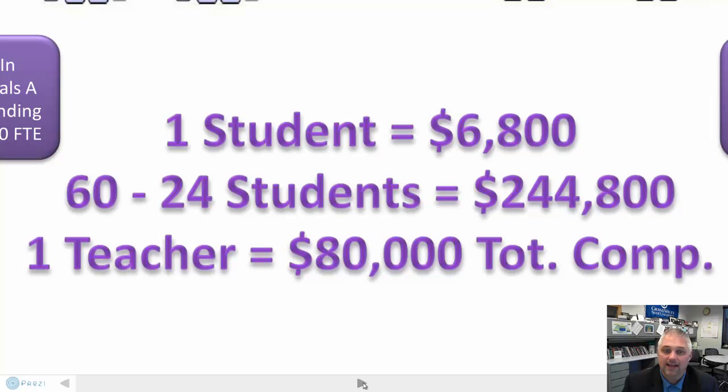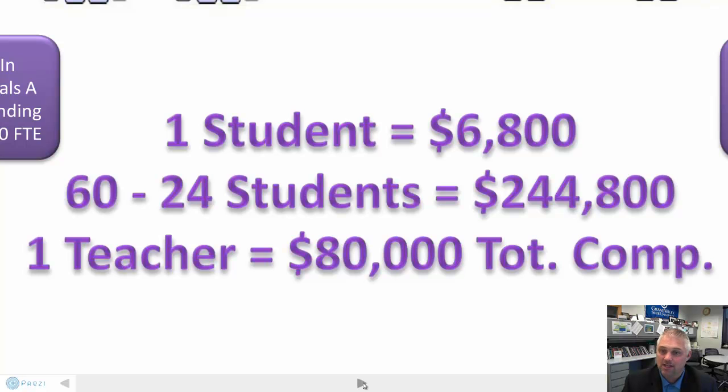So when I'm looking at that, still using the same formula, 60 students have to be reduced by 24, and now instead of it being $400,000, it's $244,000, and then I can get my first fiscal break off of declining enrollment. But it has to be so extensive that it's 40% declined enrollment.